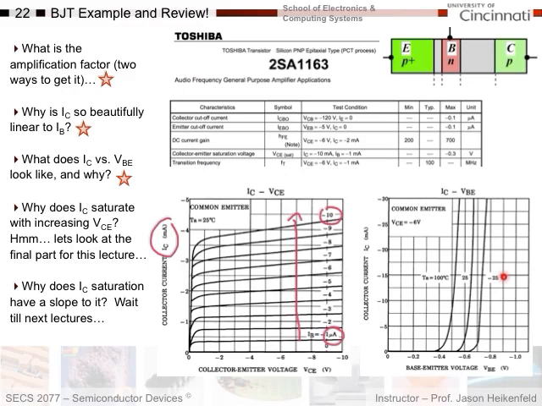One of the other things you might notice here is in the collector current versus the collector emitter voltage. The collector current, as you start to add emitter and collector voltage, goes up and then it just saturates. If you're wondering why that is, we'll look at it more in detail in the next lecture, but it's pretty simple to understand now. Basically, all the collector emitter voltage, VCE, does is put reverse bias across the base collector.